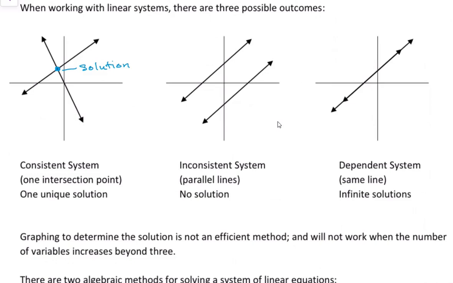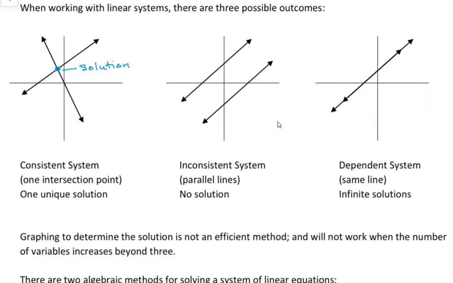Now, moving to the second drawing, I have a graph of two parallel lines. So if the intersection is the solution to the system, if I have two parallel lines, meaning they never intersect, then that means that this is a system with no solution, and that's known as an inconsistent system.